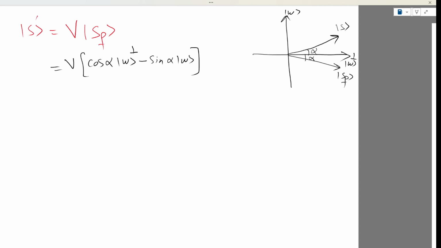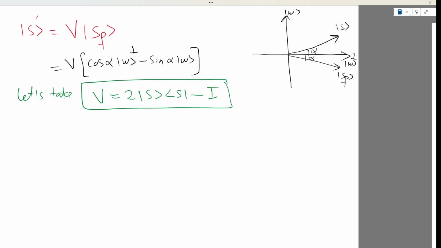And let's now define what this V is. Grover actually came up with this idea that we take V to be this operator, an operator that reflects the state around this axis. So this is an operator that will reflect this SF state around the S axis and take the state over here.